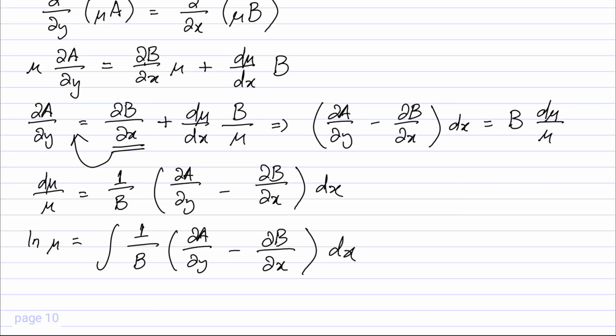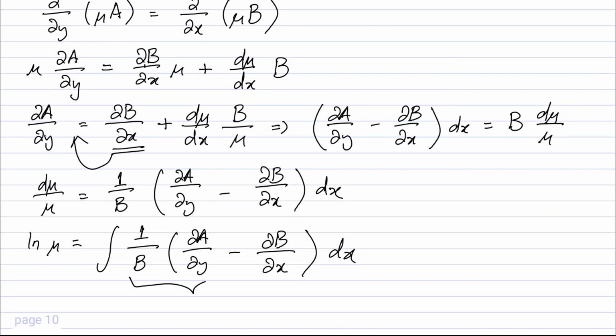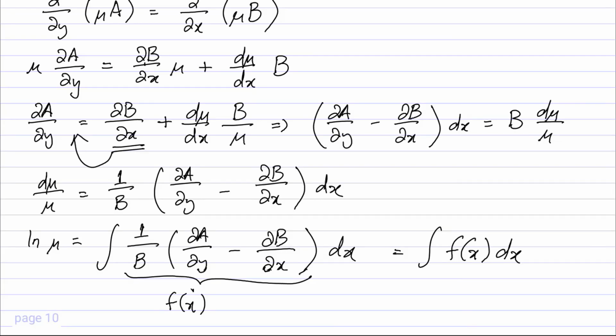Just to clean up the notation, I'll define this as f of x. Notice that I'm making a subtle assumption over here, that this f of x is only a function of x.